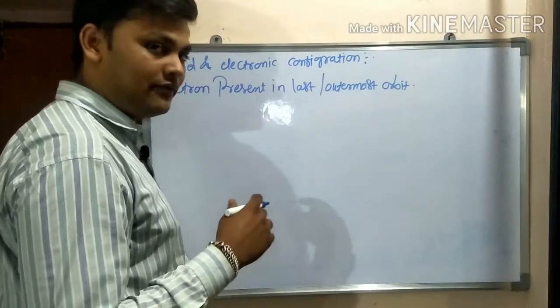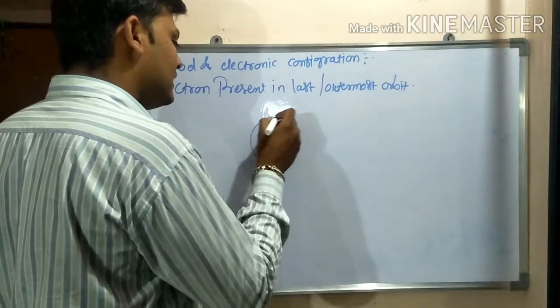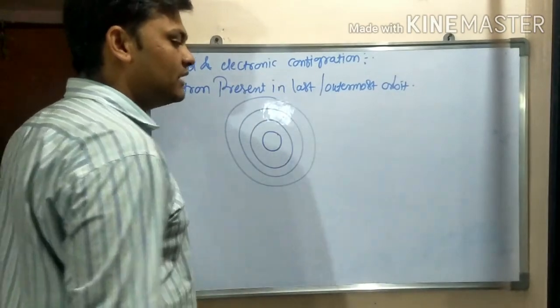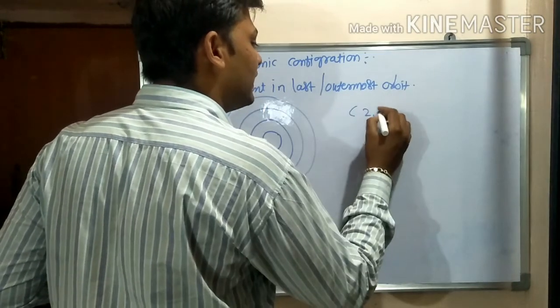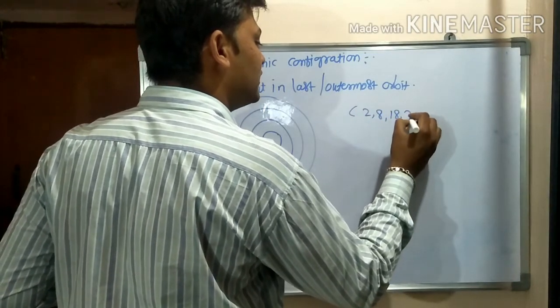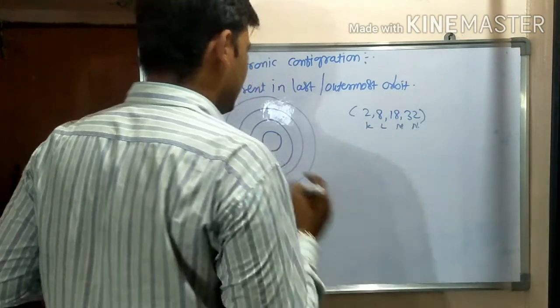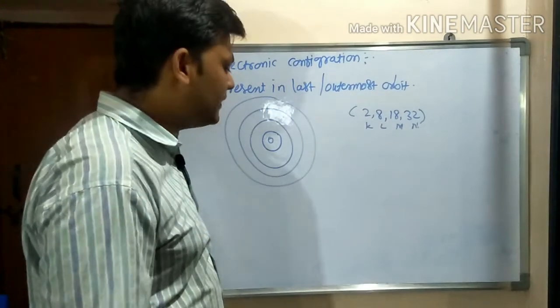Now, how many orbits are there? Four orbits are there: K, L, M and N, each having their own capacity, that is 2, 8, 18, 32. The nucleus is situated inside, and the shells are around it.